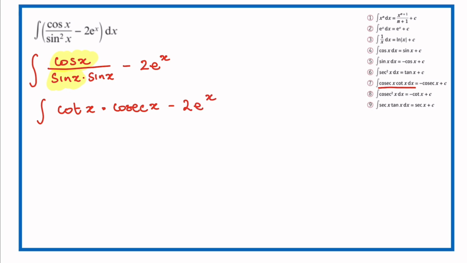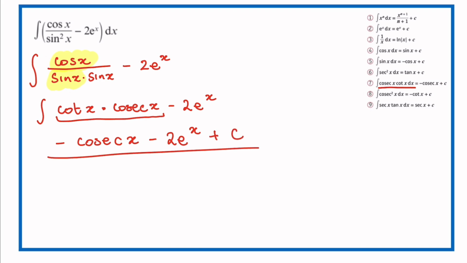So the integration of cot x times cosec x gives minus cosec x. For the integration of minus 2e to the power of x, we differentiate the power, which is 1 in this case, and we divide by that, so the coefficient remains the same, which is minus 2e to the power of x. Then we have plus c, and there we go. That's the integration of the equation.